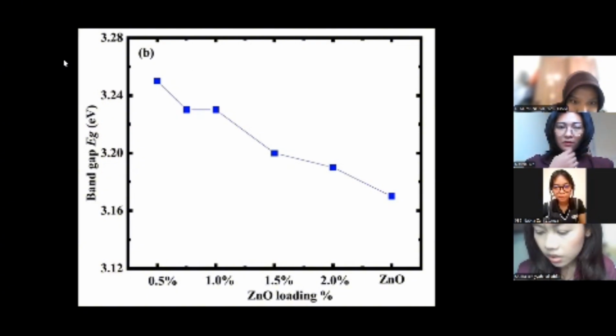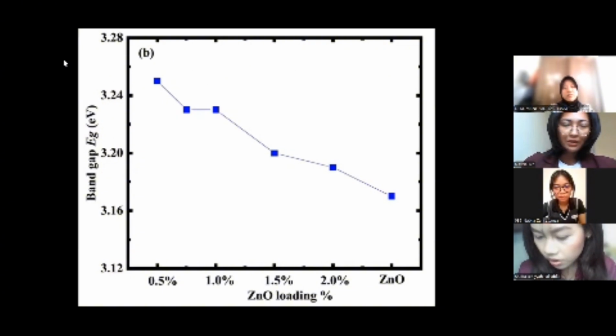For instance, ZnO-based photocatalysts with narrow band gaps can perform more efficiently under sunlight, enhancing the degradation of pollutants or production of hydrogen via water splitting.